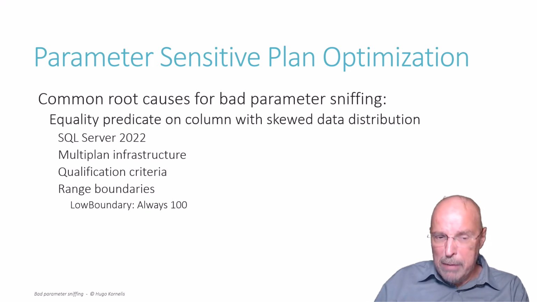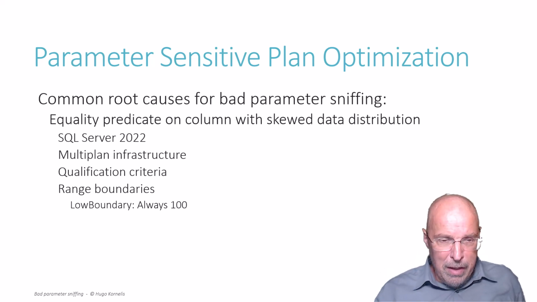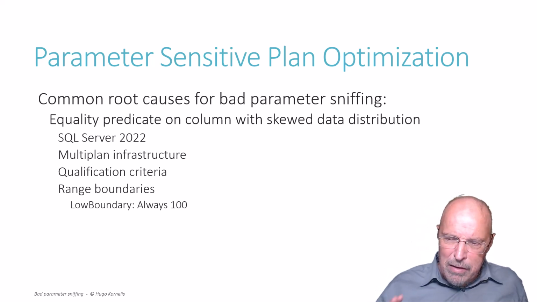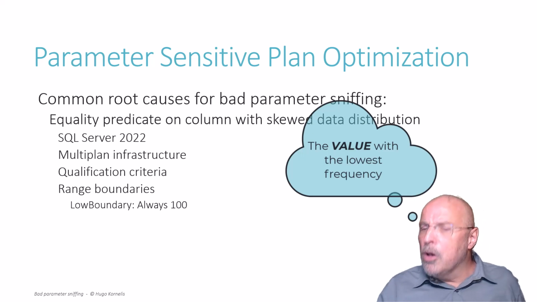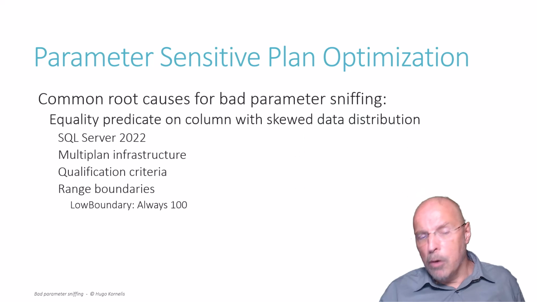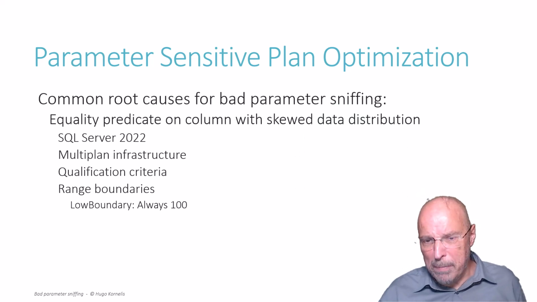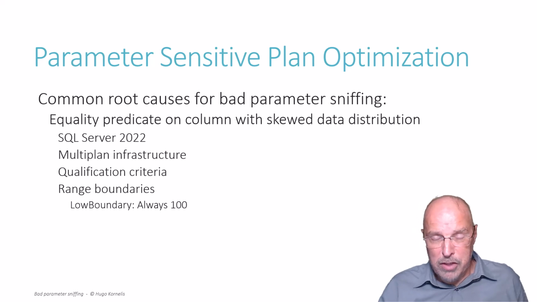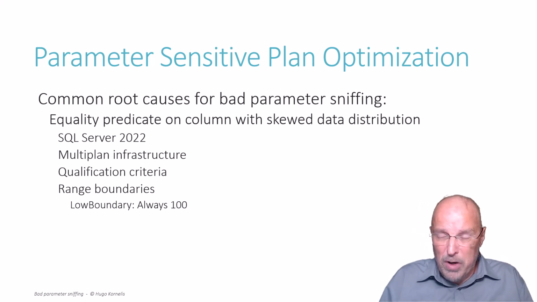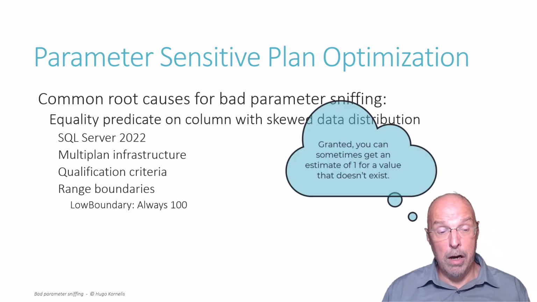Even if your table is very large and the statistics say that the column with the lowest frequency already has 2,000 rows, the low boundary will still be 100, which means you will never get an execution plan for below the low boundary, because there are no values that, according to the statistics, can result in an estimated number of rows below 100.